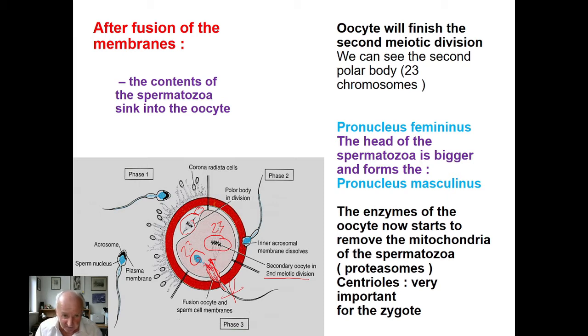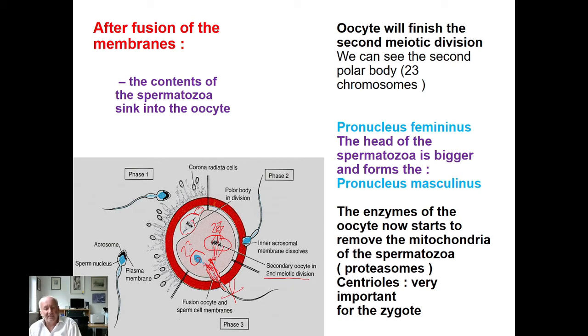And the second interesting thing: during the first meiotic division, the oocyte is losing centrioles. They are gone, any centrioles. So the microtubules of this mitotic spindle are not built from a centriole, like normally, but only from the pericentriolar material.